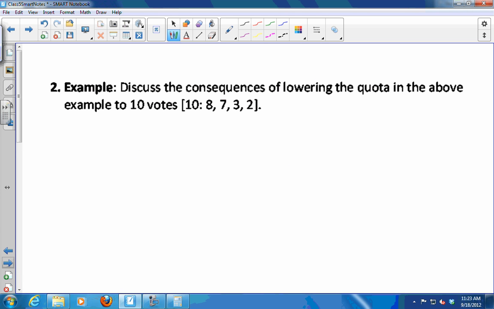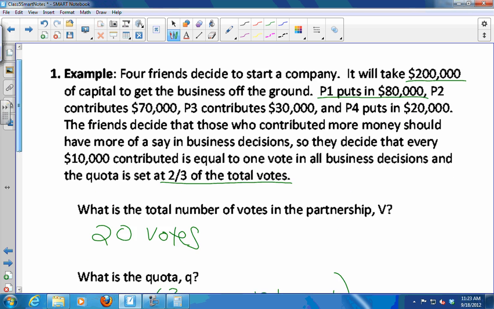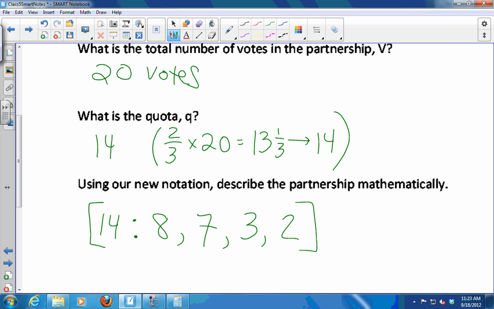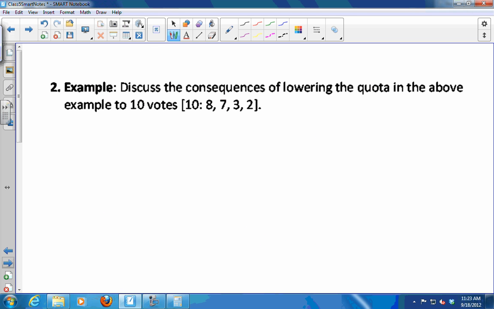All right, so what if we lowered the quota in this example where it's 14, 8, 7, 3, 2. I'm going to lower the quota to 10, so it only takes 10 votes to pass a motion. What happens here?